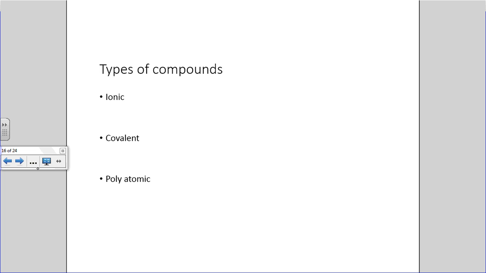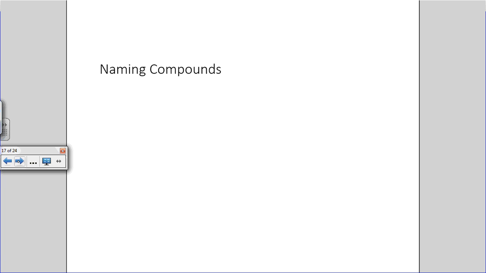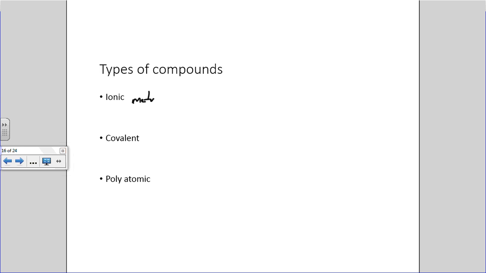All right. So next, let's talk about our types of compounds, and then we'll actually do some naming. So first, types of compounds. Ionic. So ionic compounds are made up of a metal and a non-metal. A metal and a non-metal being bound together. The rules are pretty simple.